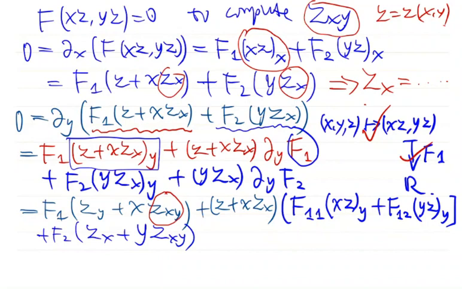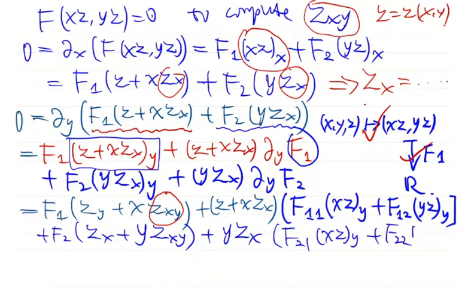Then plus y zx, and the derivative of f2 with respect to y is the same as the last step for f1 with respect to y, which is f21 x zy plus f22 (z plus y zy).